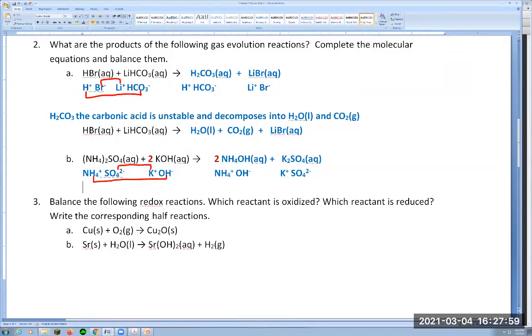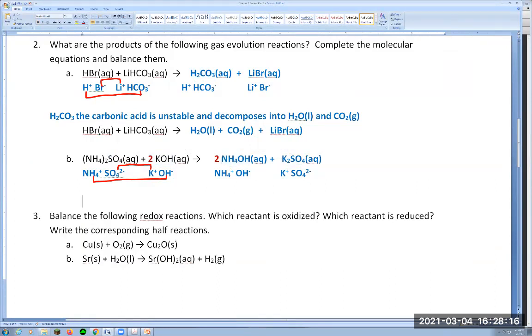Okay, it is balanced, but one thing you need to know about ammonium hydroxide, which is an aqueous compound here: the same way that this was unstable, ammonium hydroxide is the same. It's not stable.